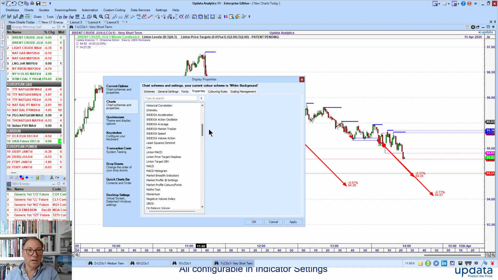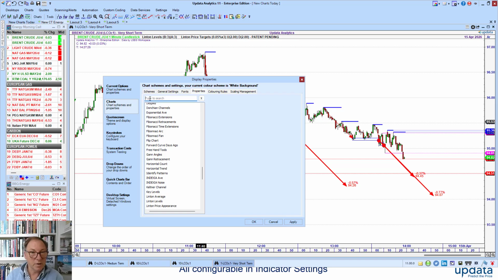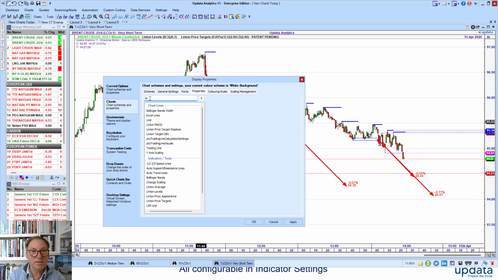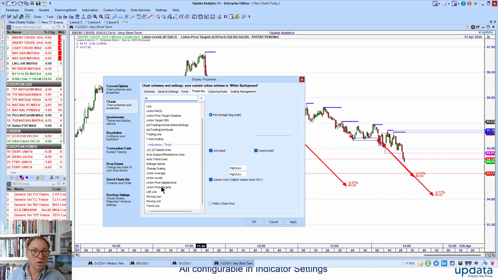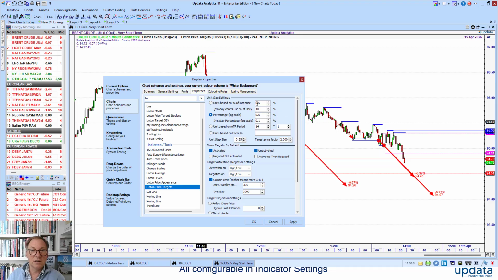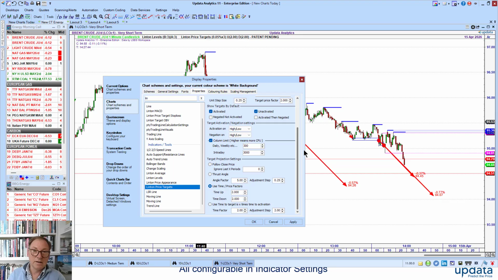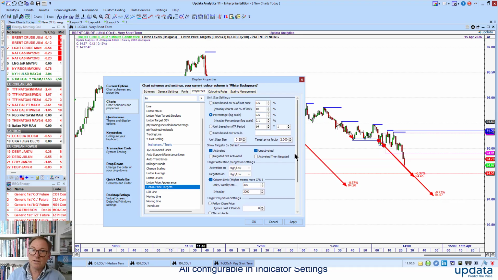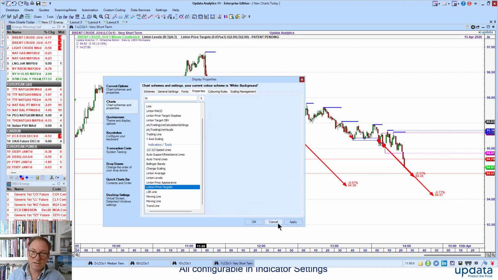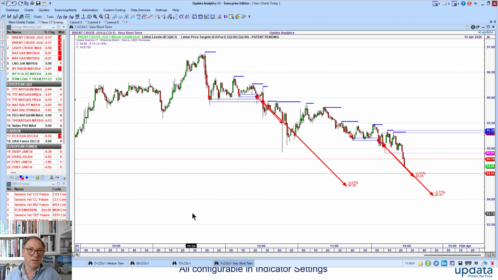So really quite key that you probably just use the default settings to begin with. But you can see here we've got the Linton Price Targets, and that's where you can decide to change them. So here there's a whole series of settings, what you want each chart to show, etc. And this is way more powerful in terms of settings than we can ever achieve on other trading platforms.